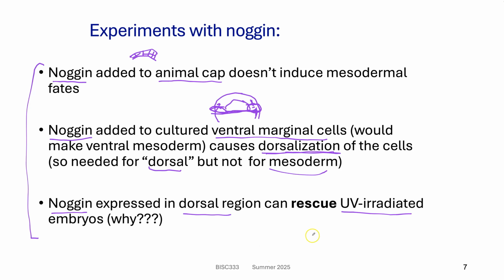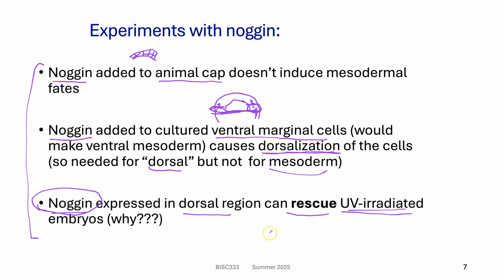So if the things that you would have relocated as a result of cortical rotation are not relocated, but the proteins that would have been expressed there are provided, you've bypassed the problem that is caused by this UV irradiation. And so we call this rescue. It's similar to if you have a gene mutation and you provide the protein, that's called rescue too, because now the little embryo has the protein it needs and it can go ahead and develop.